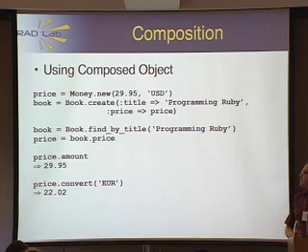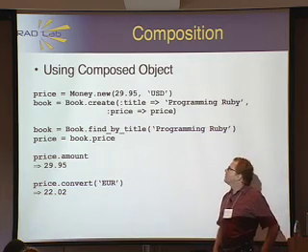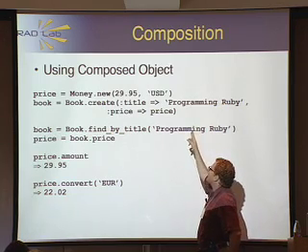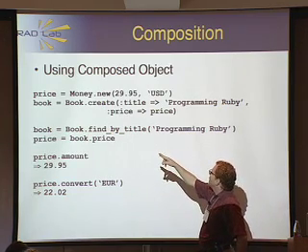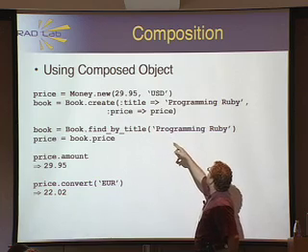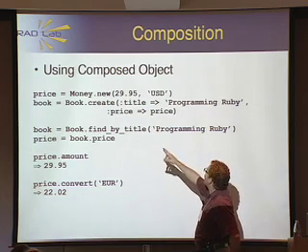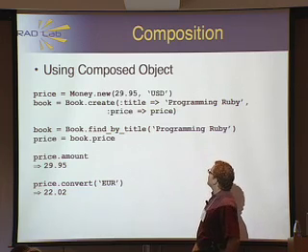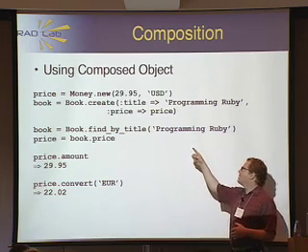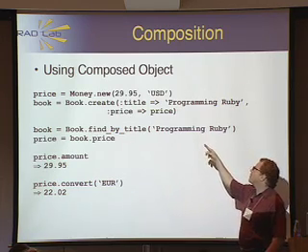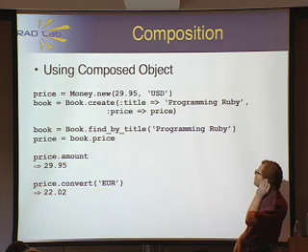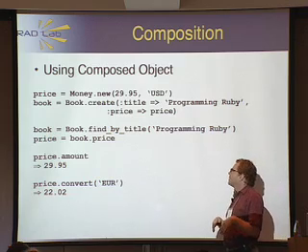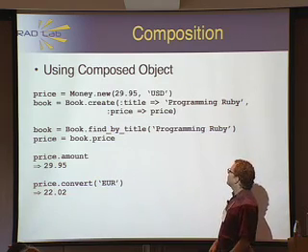To use that, we can create a new money object like that, money, and $29.95 in US dollar, and put that in price. And then if I do a book.create, title, whatever, and the price assigned to that object, it will take it, and it'll know how to map the instance variables from price back into those two fields, the amount and currency, inside of the book, and do everything correctly.